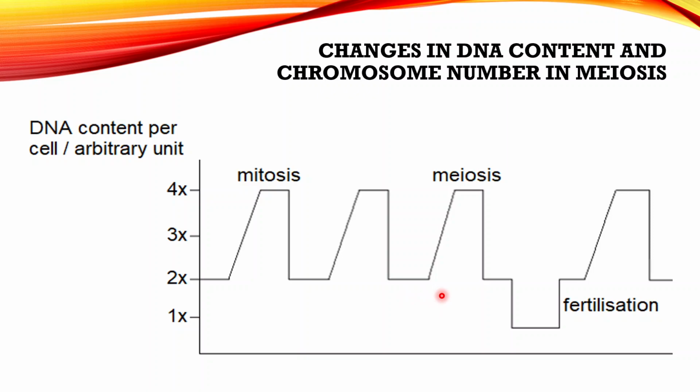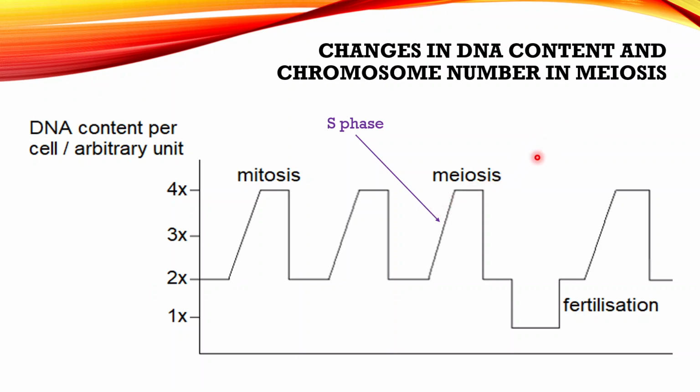Then the amount of DNA per cell increased, so that must be S phase during the interphase before meiosis. S phase will have doubled the amount of DNA from 2x to 4x. The graph is drawn with a slope because DNA replication is a continuous process, so the amount of DNA increases continuously until the end of DNA replication in S phase.